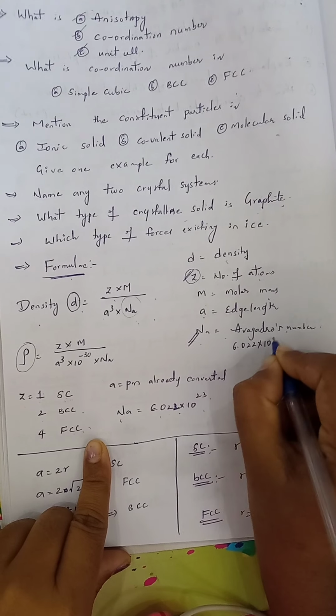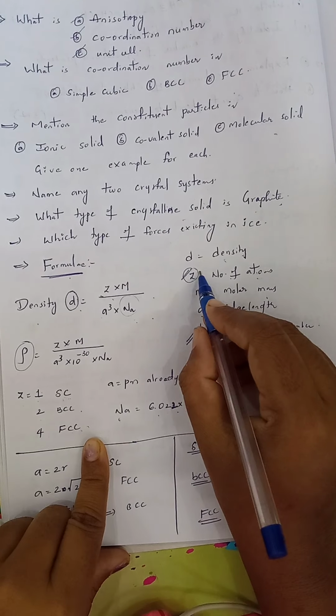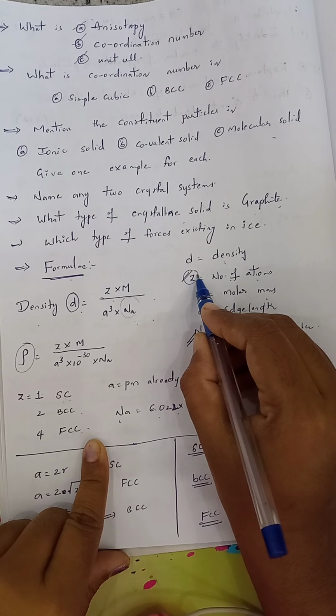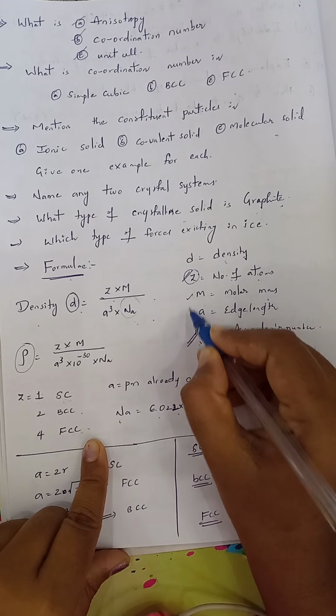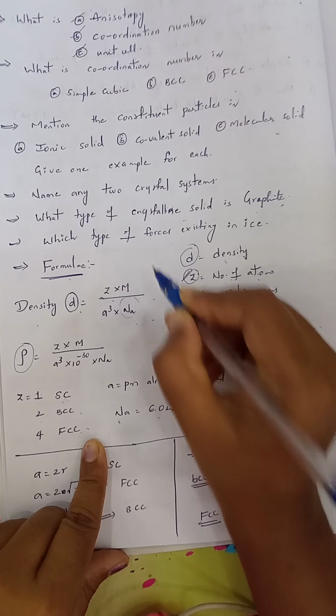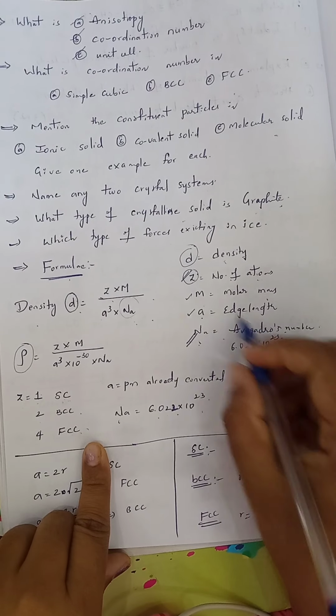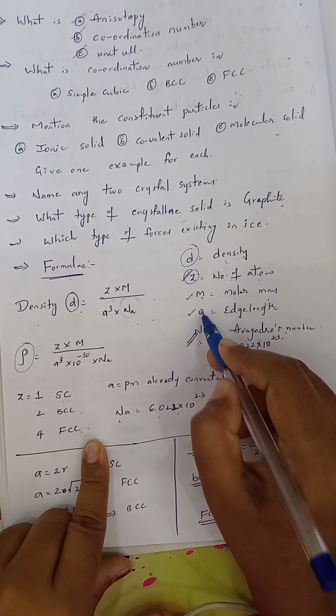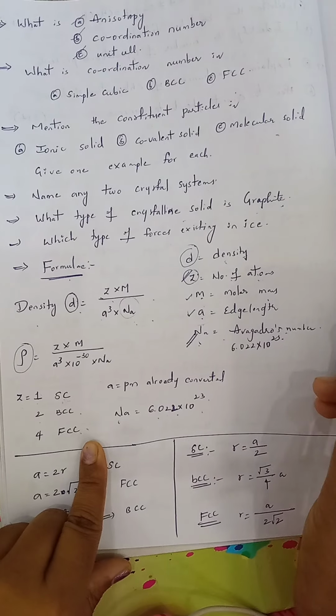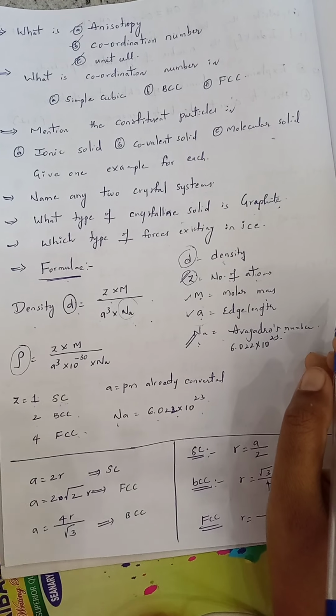And Z value also you know for the three different types of unit cells. By substituting these two along with M and A, you will find out D. If D is given, we can find out M. If D and M is given, we can also find out edge length of the unit cell. Like that we can easily find out.